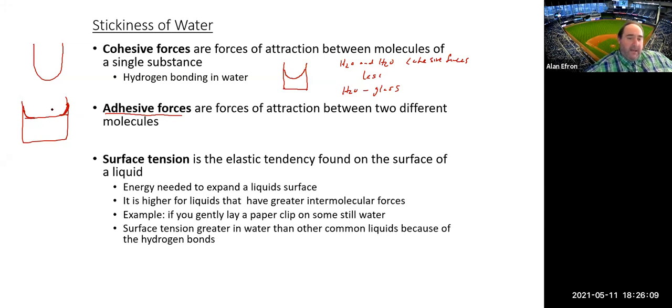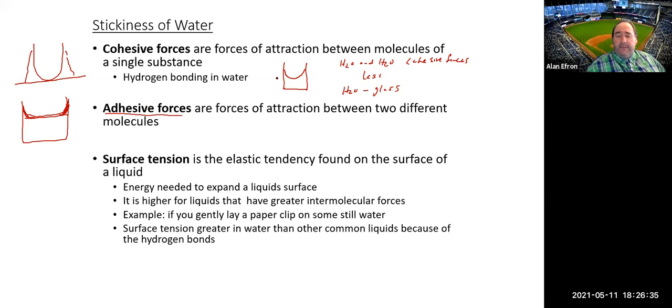That's why we typically read the volume from the bottom of the meniscus: without that force, it would drop back to that level, and that's where the volume of the liquid is. We just see that curvature because of the much stronger adhesive forces versus the cohesive forces.